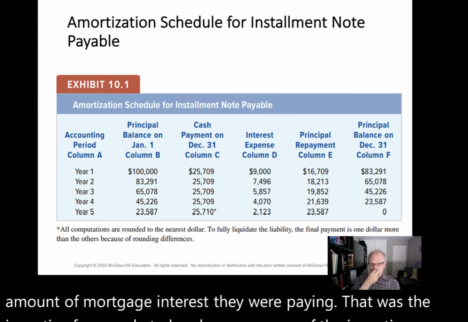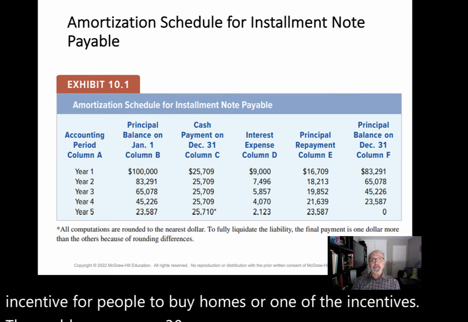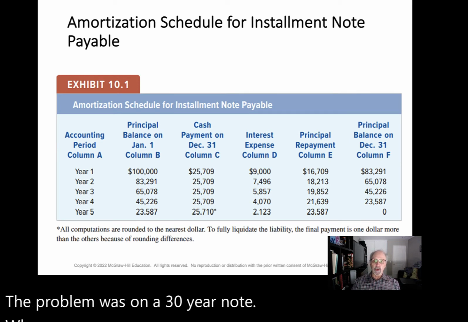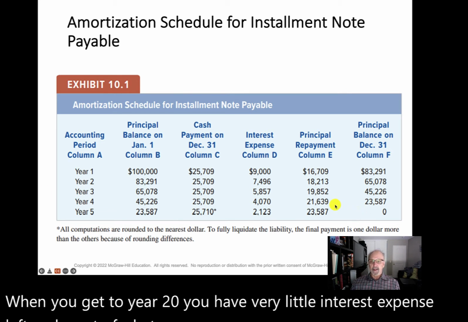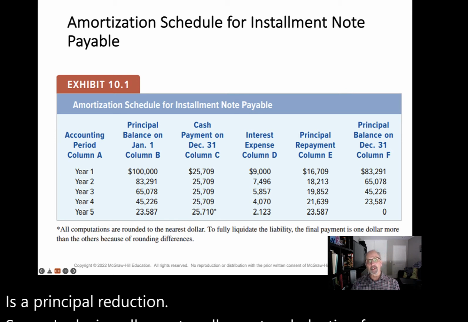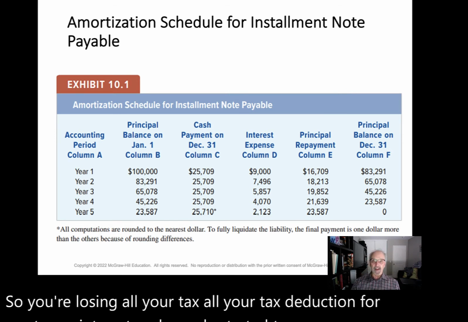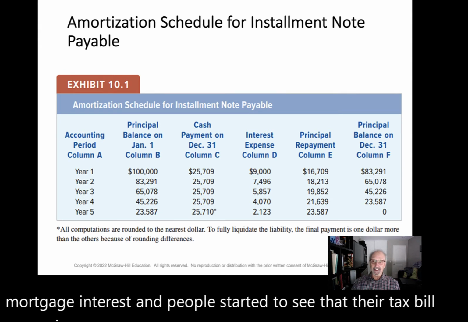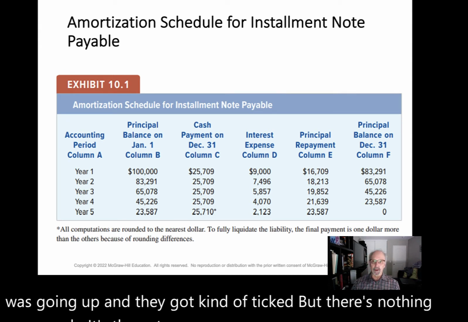The problem was on a 30-year note, when you get to year 20, you have very little interest expense left, and most of what you're paying is a principal reduction. So you're losing all your tax deduction for mortgage interest. People started to see that their tax bill was going up and they got kind of ticked. But there's nothing you can do. It's the nature of an installment note.